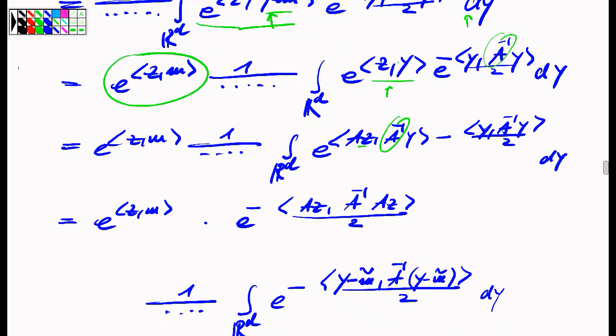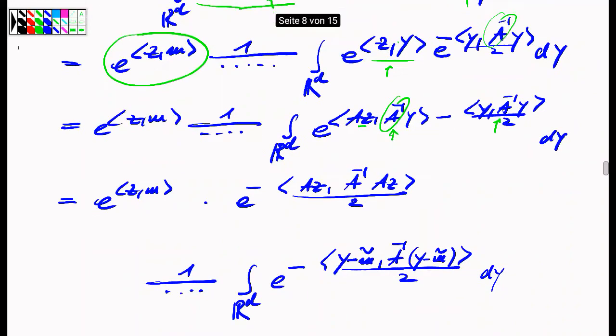And now I see that I have something like a binomial formula, an incomplete binomial formula for the quadratic form, which is induced by the matrix A to the minus 1, where the term that I have here would be one of the two homogeneous terms, and here I have a mixed term where the other component, the other monomial, is AZ.